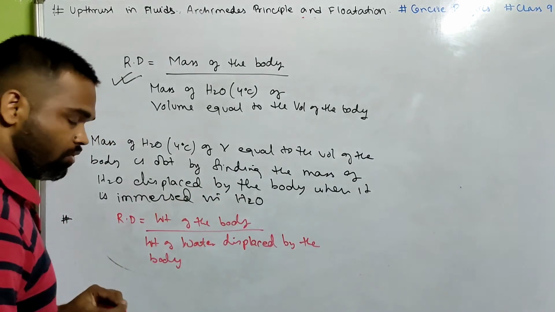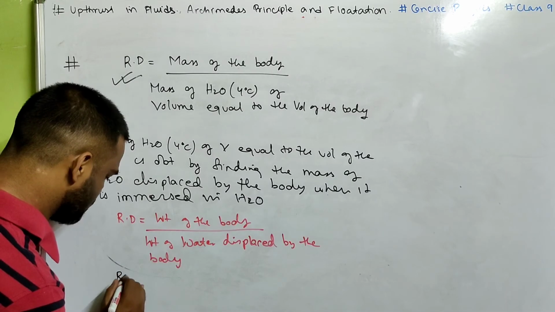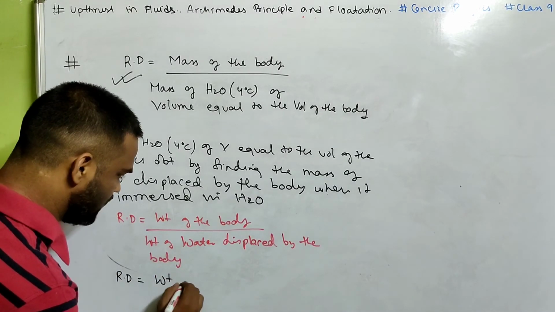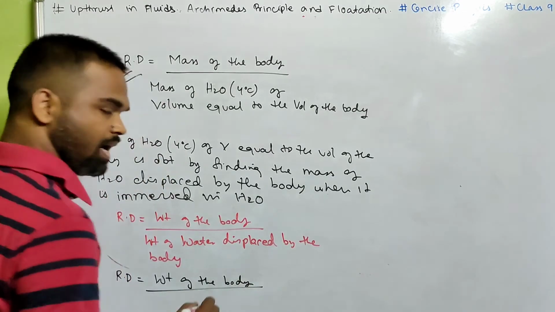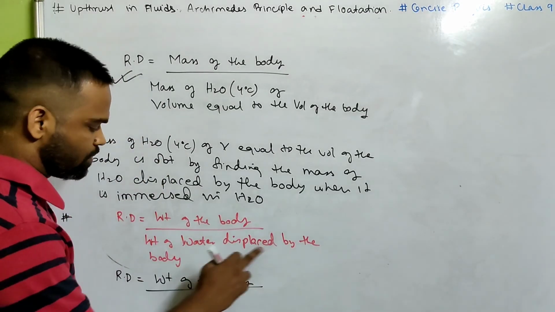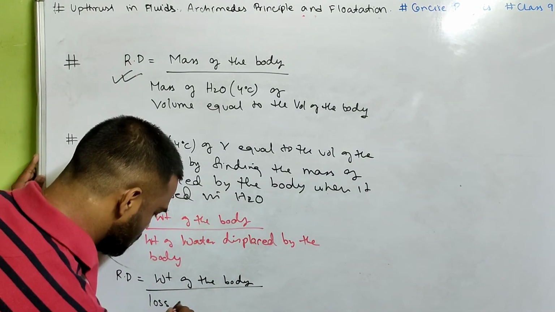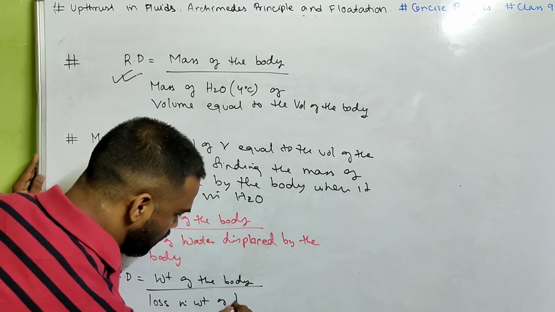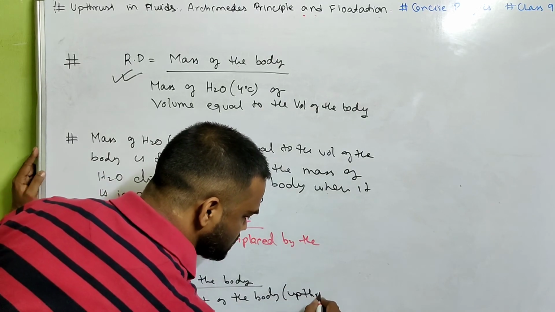And just remember the previous chapter. The weight of the water displaced by the body is nothing but the loss in weight of the body, which is equal to the upthrust.